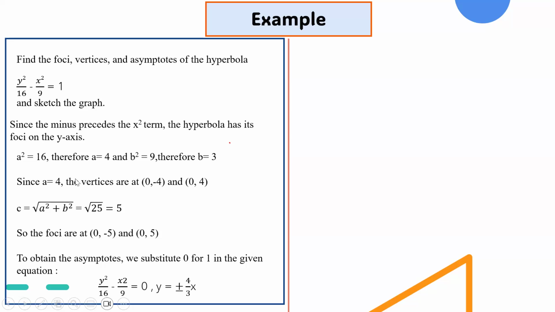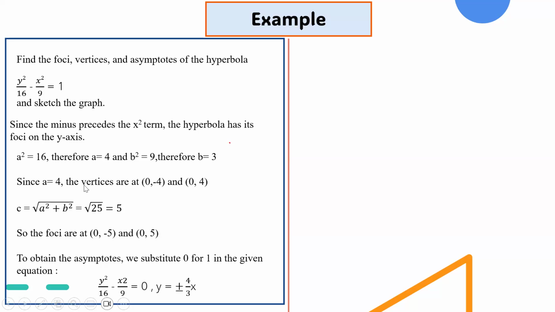So given the standard formula, a squared will be equal to 16 and b squared will be equal to 9. If we want to find a alone and b alone, we will square root 16 giving us 4, and square root 9 giving us 3.